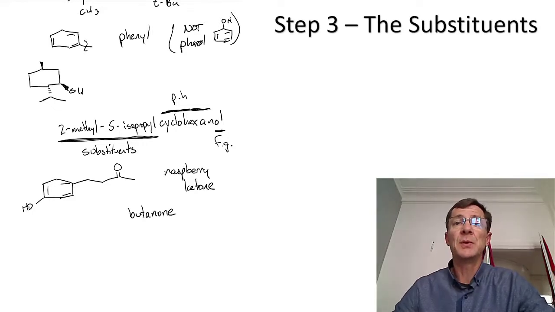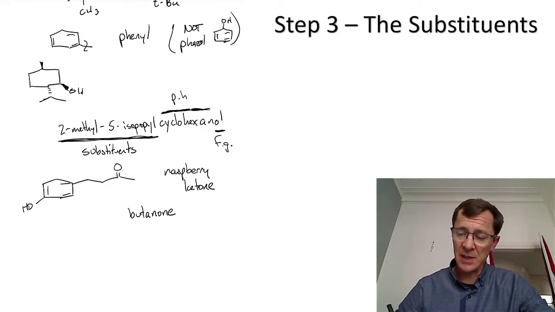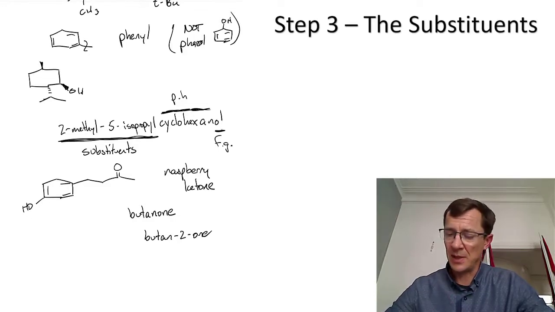You can put the 2 in the butanone, but it's not necessary because if you put the carbonyl in any of the other positions, it's either still butanone or it becomes an aldehyde because it's at the end of a chain. But it does not bother me if you call this butan-2-one. Though it is redundant, it's complicated enough that perhaps it makes it easier, and that's not a bad thing.